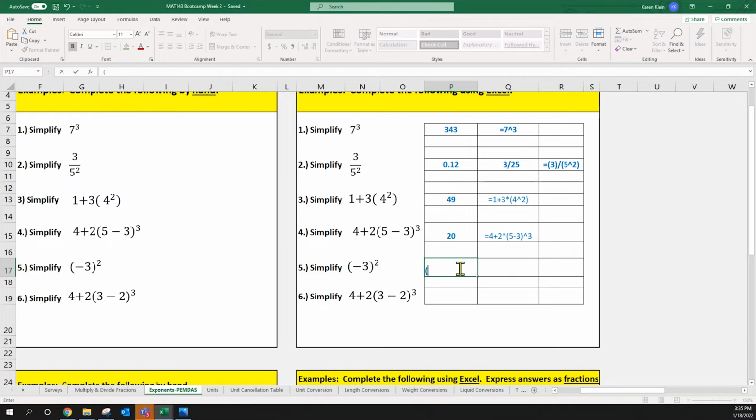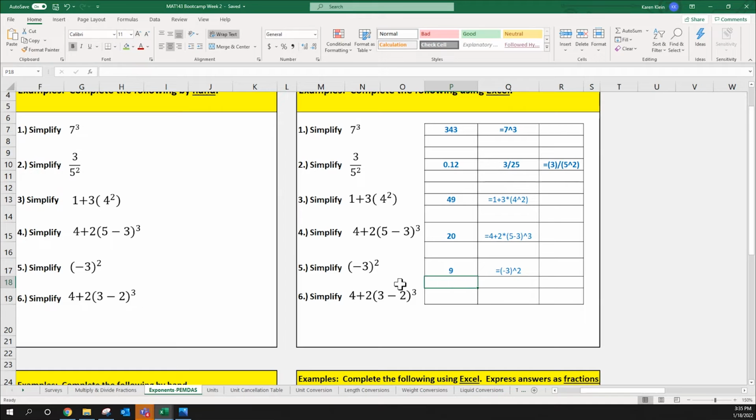Simplifying, we have equals, parentheses. Again, these parentheses matter. Here we have a negative on the inside, so we want to make sure that we copy that the exact same way we see it. We have negative 3 raised to the second power. And that's exactly the way we entered it in.